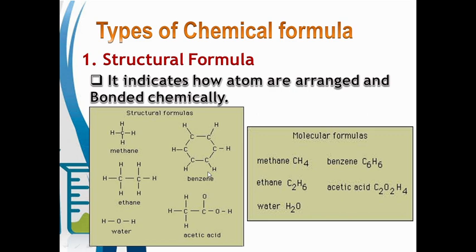Benzene is composed of 6 carbon and 6 hydrogen, while acetic acid is composed of 2 carbon, 2 oxygen, and 4 hydrogen. So these are the structural formulas of each compound.